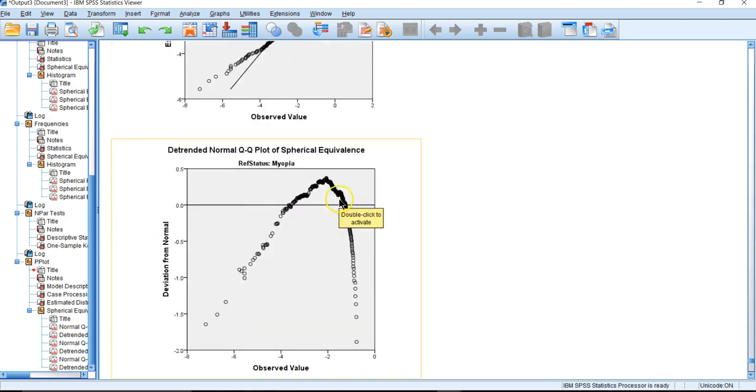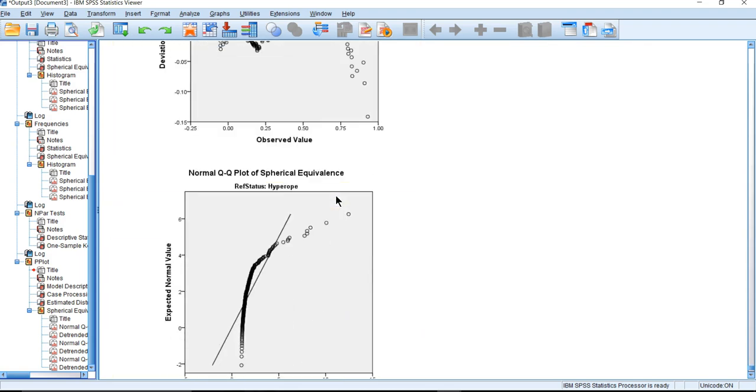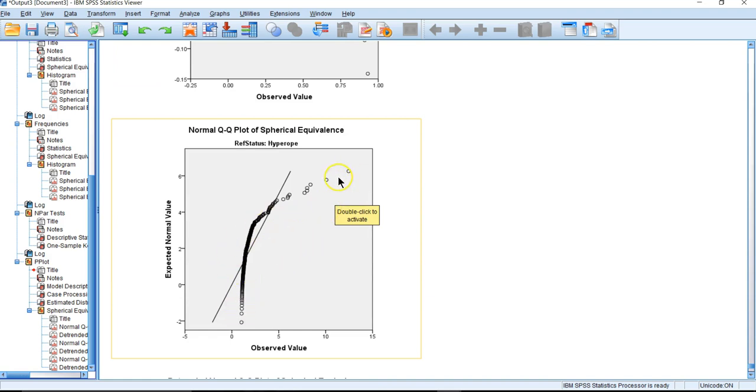That's why we get the skew. If we look at the hyperopes, it goes the other way because it's a right-handed skew. So this isn't falling on the straight line. This line through here is the line of identity. They would be the same, 0, 0. And everybody's up pretty high there.